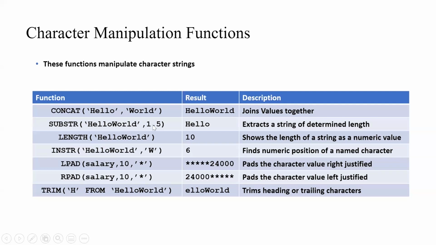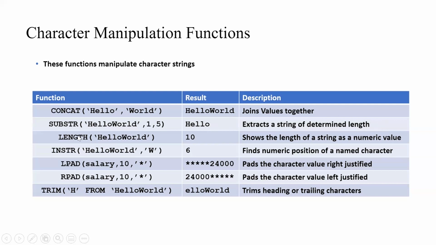First is the string, then from which location it will start, one, that means the first location, and how many letters we want. From one we want five letters. So HELLO, these are the five letters, so we get hello. So 1, 5: it starts from one and we want the five letters, HELLO.